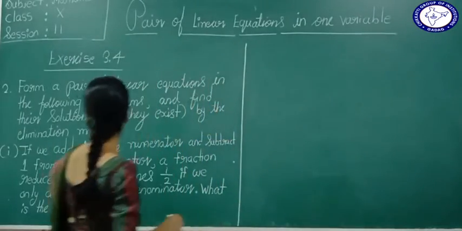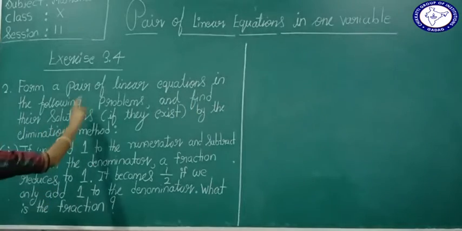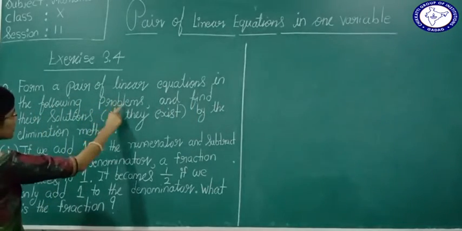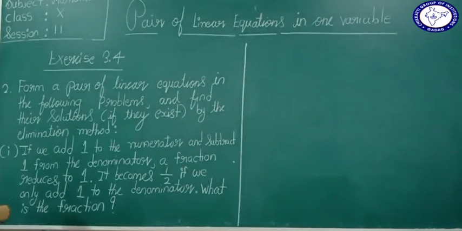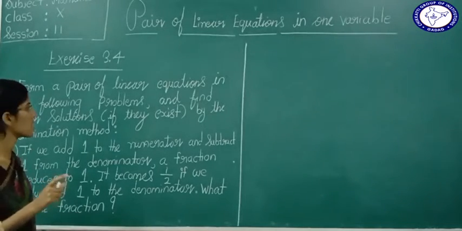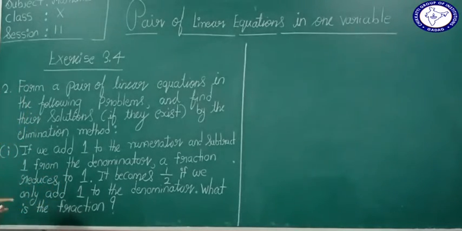See the second main. Form a pair of linear equations in the following problems and find their solutions if they exist by the elimination method. In this problem we have to form a pair of linear equations and solve this by the elimination method. See the first problem.